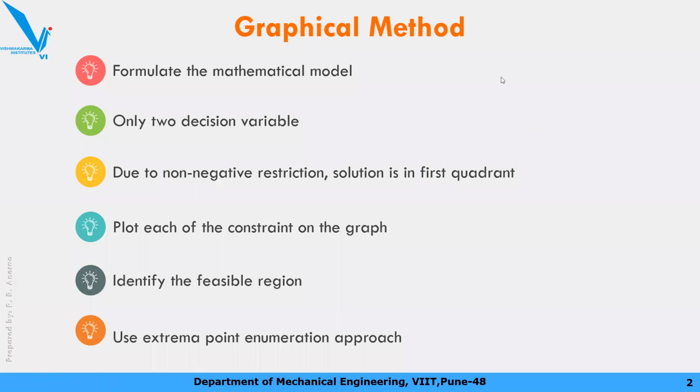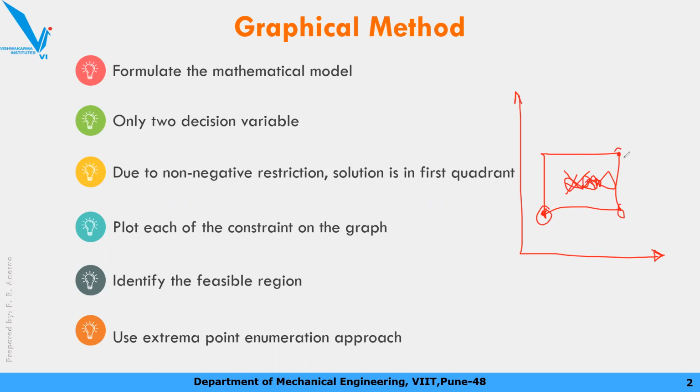What this approach suggests is a very simple idea: whatever answer you are expecting from this graphical method, that answer is at the extreme corner points. It will not be inside the region. Where will your answer be? It will be at the corner points, and that is your extrema point enumeration approach.